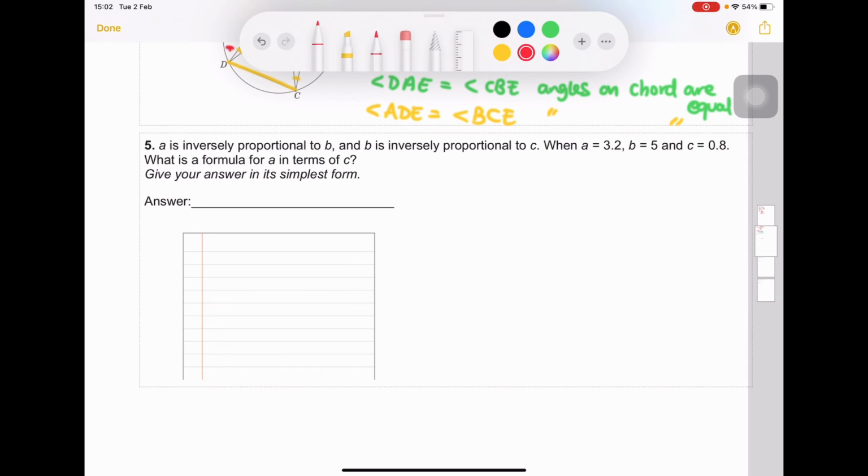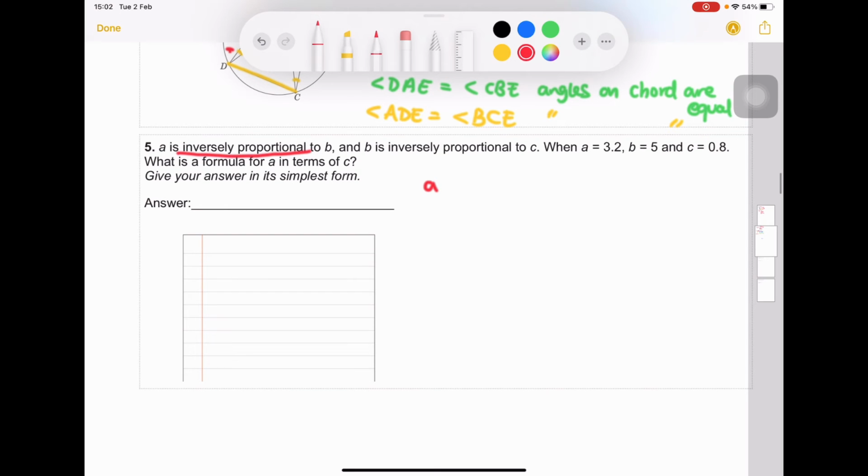Question 5. A is inversely proportional to B. So we already know what the topic is, it's inverse proportion. And look, there's another one. B is inversely proportional to C. So I'll write here B equals inversely proportional to C. I'll write here K2 because it's a different constant.